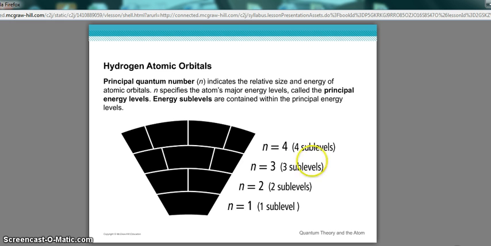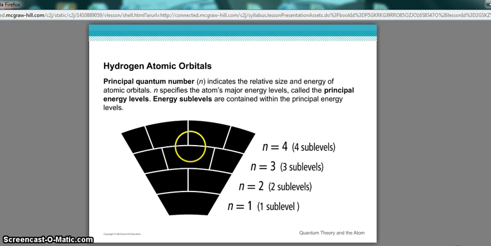So that part hasn't changed. The n is the same as what Bohr said. But Schrödinger said that in each level, there are a certain number of sub-levels. In the first energy level, there's only one sub-level. In the second, there are 2. In the third, there are 3. In the fourth, there are 4.